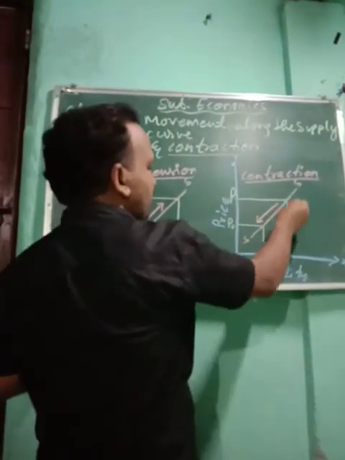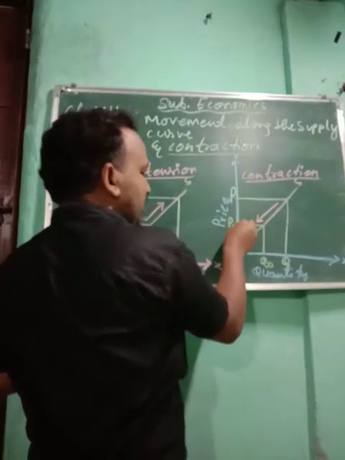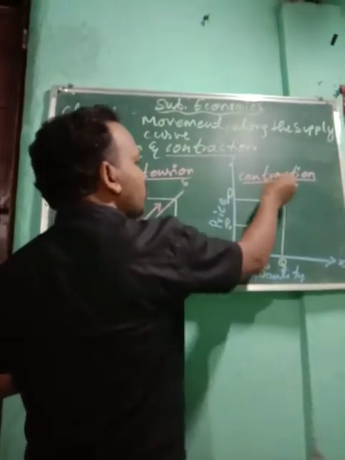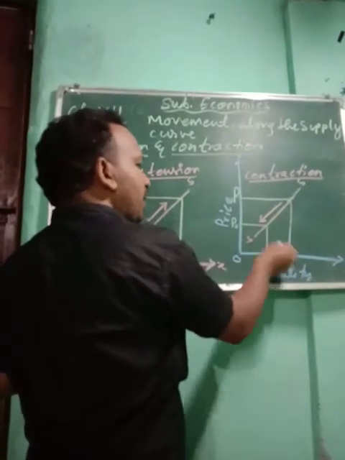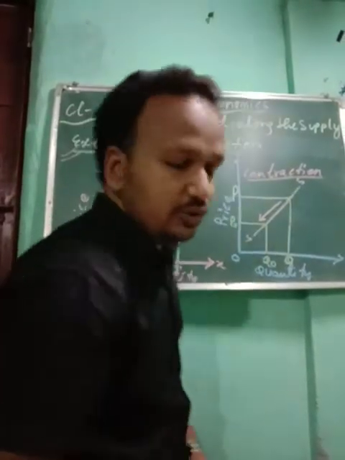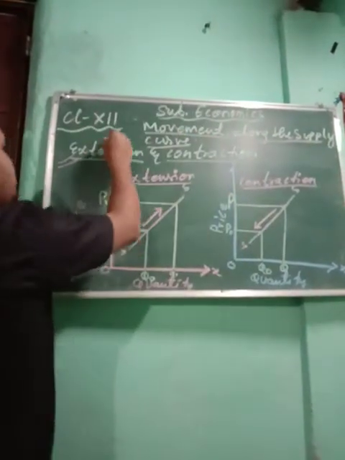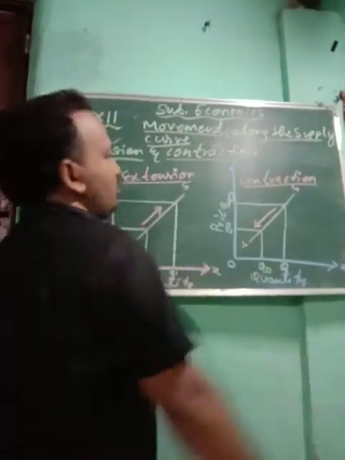When price was high, supply was high. Suddenly the price falls, supply also falls. So it shows a contraction, that means reduction in supply due to fall in price. So this is the movement along your supply curve, that is your extension and your contractions.